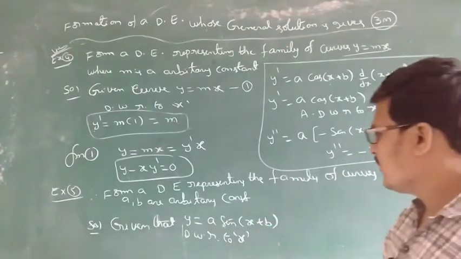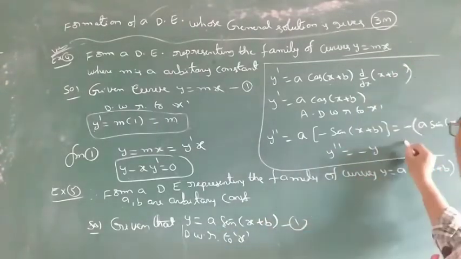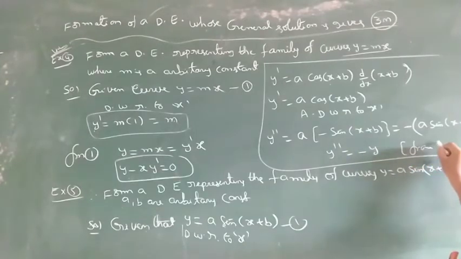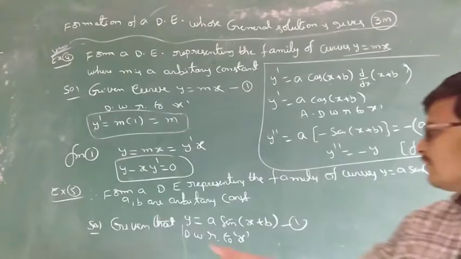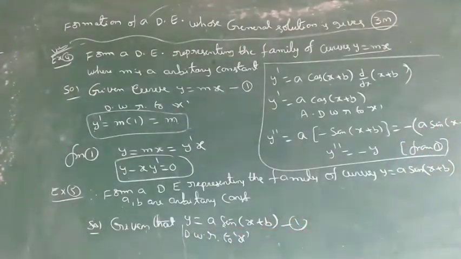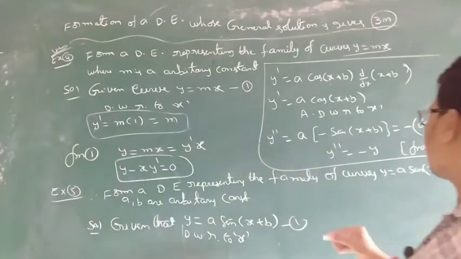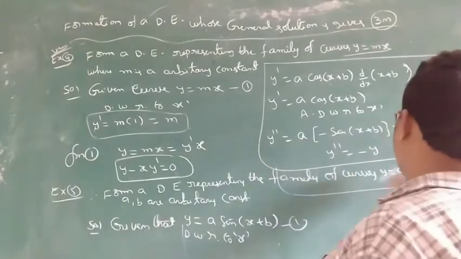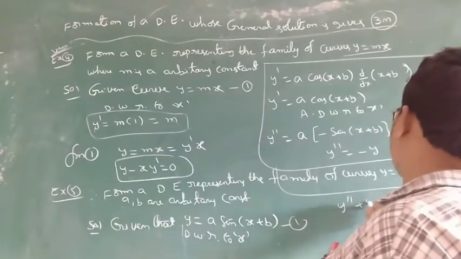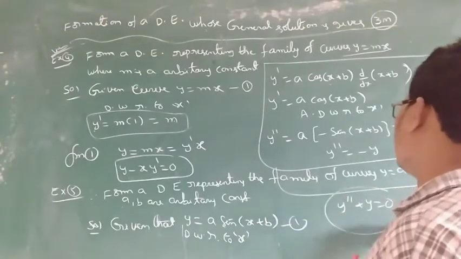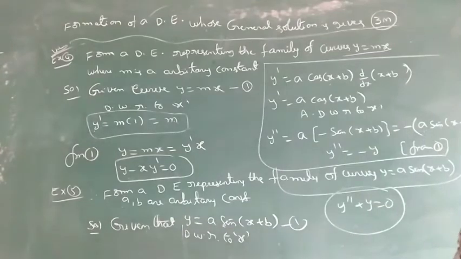This is equation number 1. From 1, y is equal to a into sine of x plus b. So a into sine of x plus b is equal to y. So y double dash is equal to minus y, or y double dash plus y is equal to 0. This is also a differential equation, free from arbitrary constants.